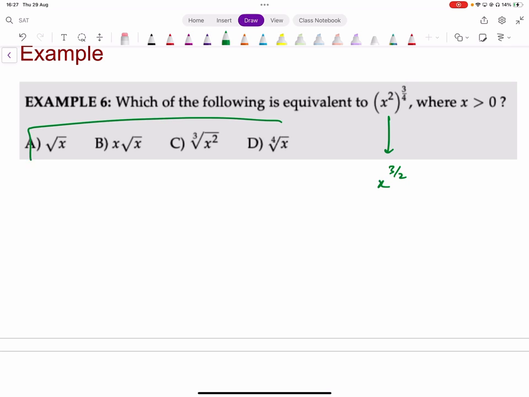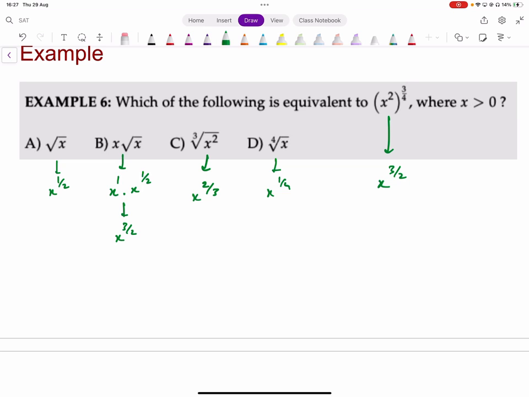Now, which of these powers is the same as 3 over 2? This is 2 over 3. This is 1 over 4. This is 1 over 2. What's B? B is x power 1 multiplied by x power 1 over 2. What does that become? x power 3 over 2.